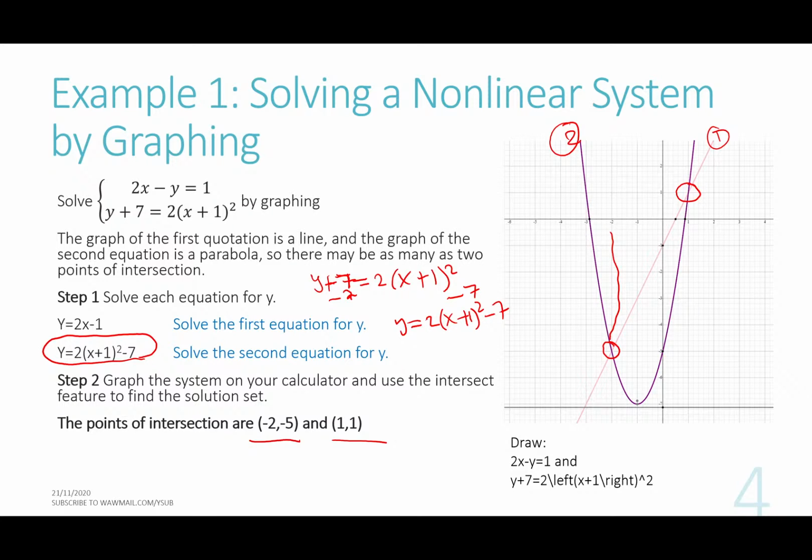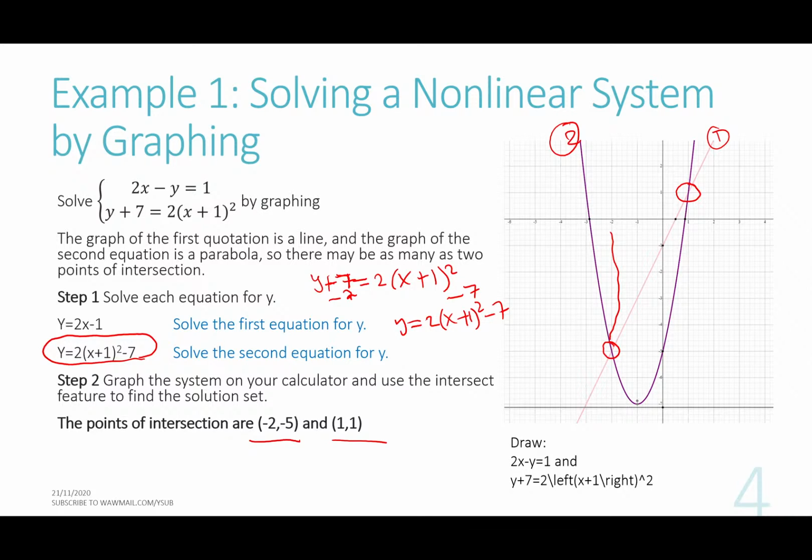Checking the answer. Substitute the points into each equation. The first equation is y equals 2x minus 1. If we put -5 in the place of y, you will find the result.